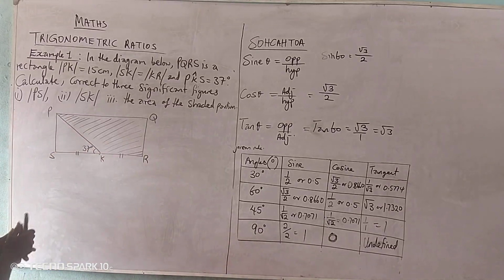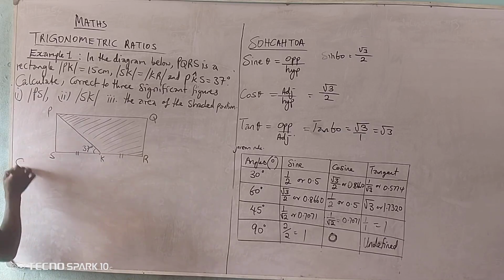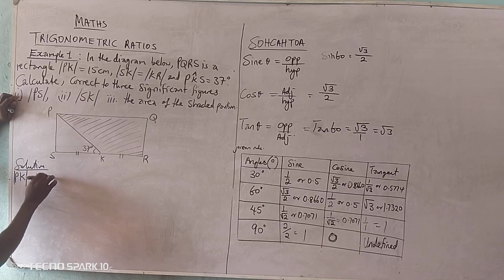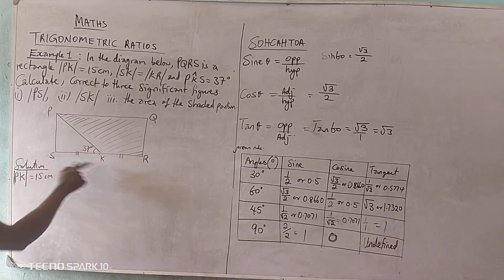Line PS is the height of the rectangle. Let's find the height of the rectangle. Solution. Remember, line PK is 15 cm. It is given. We did not just manufacture that. Now we are finding line PS and line SK.